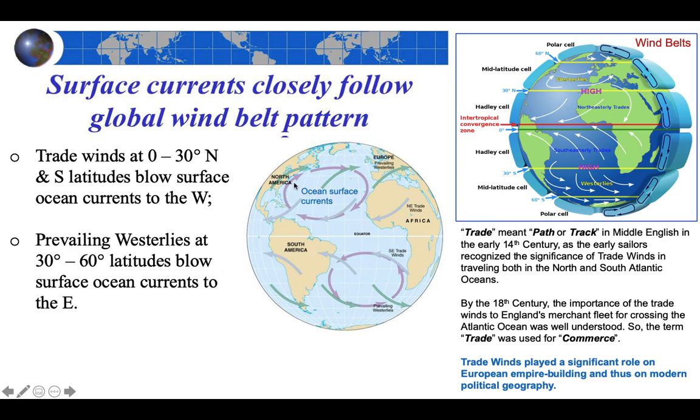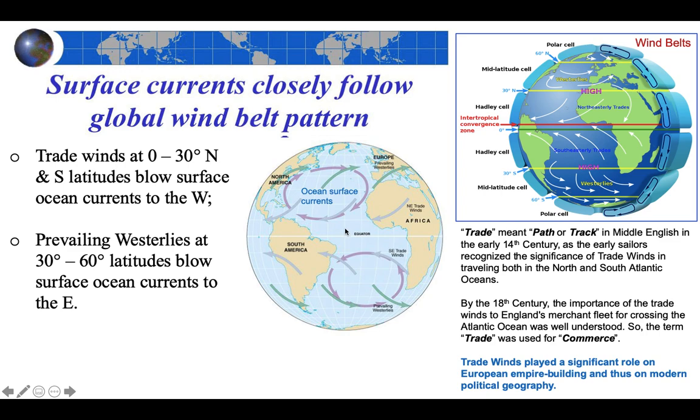So in the northern hemisphere, these are the prevailing westerlies that we saw right here. And in the southern hemisphere, those westerlies basically flow from the west to the southeast, like we see in this diagram of the wind belts.